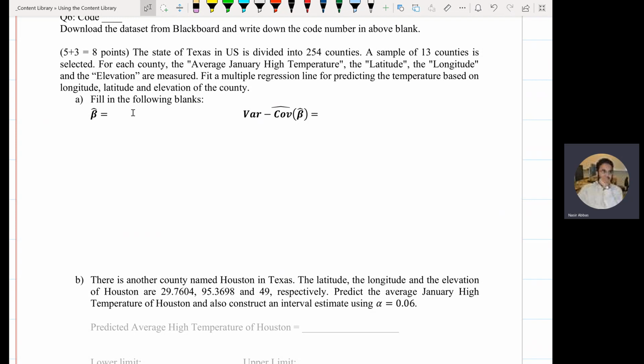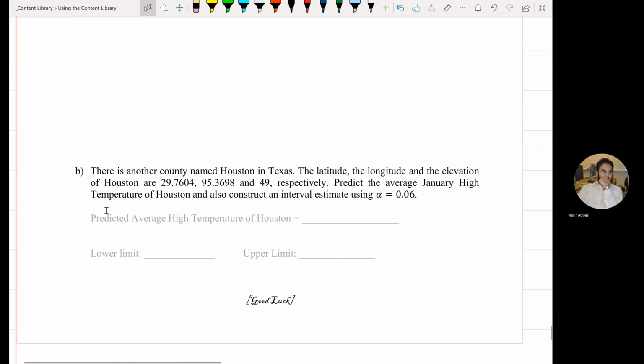So you need to find MSE and multiply it by X prime X whole inverse to get the variance covariance matrix, which is a 4x4 matrix, and plug the answers in here. Yes, 16 values, whole matrix.